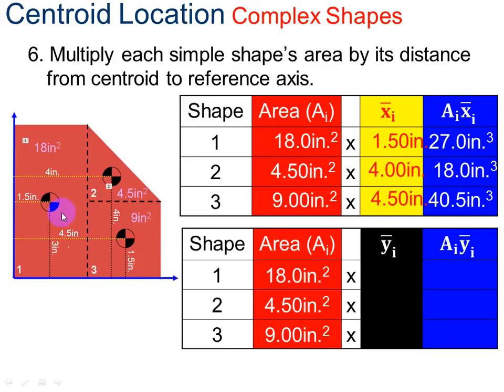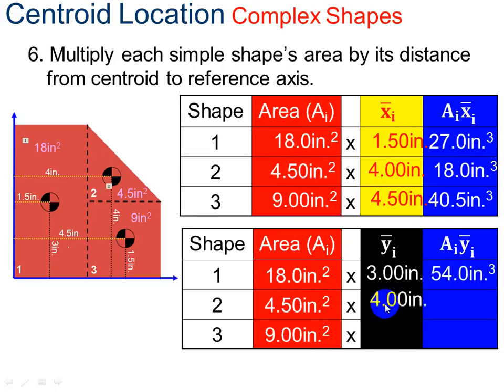Same areas, the shapes have not changed size, so same exact areas. Only now I'm interested in how far it is in the y direction. So shape number 1, how far to the centroid in the y direction? The answer is 3. For shape number 2, how far is the centroid from the reference axis in the y direction? So the answer here is 4.